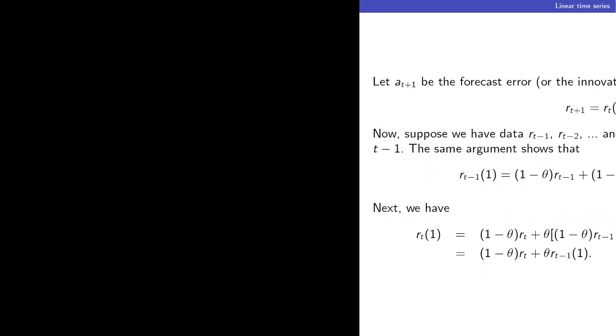So we're going to call a sub t plus 1 the forecast error, innovation, or shock at time t plus 1. Then we can remember this, that there's a predictable and an unpredictable part in our forecast, and it will be that way. And so the real R t plus 1 will be our prediction plus the shock value.